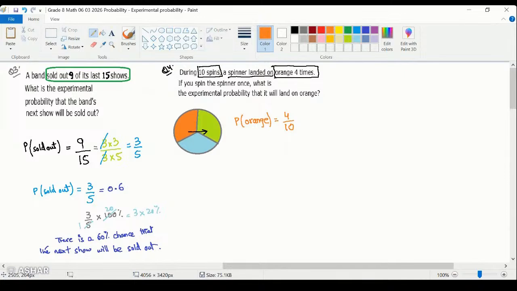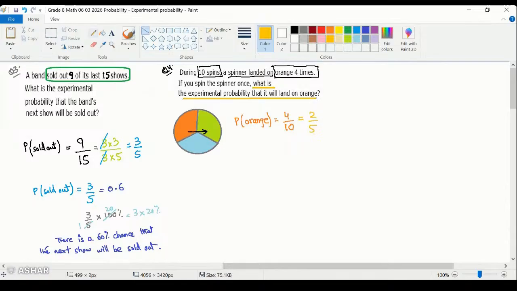Agreed? They're asking us to find the experimental probability. And 4 upon 10 was the answer. Can this be further simplified? That becomes 2 upon 5. Agreed? So we did the first part. Let's add more questions to it.